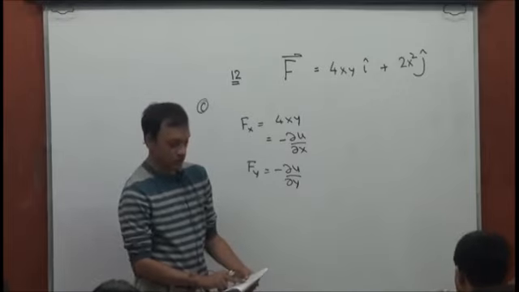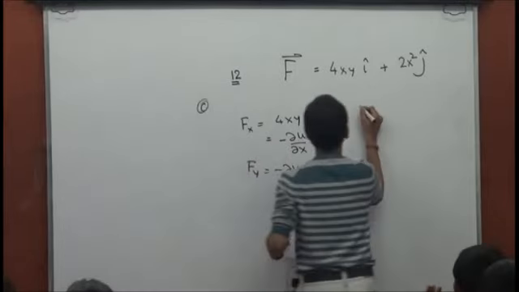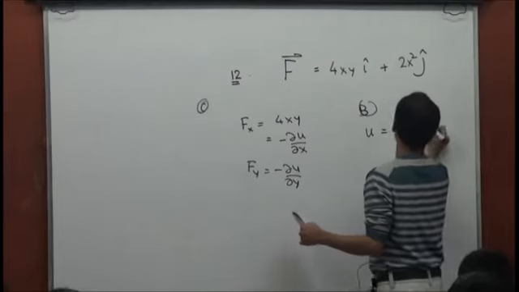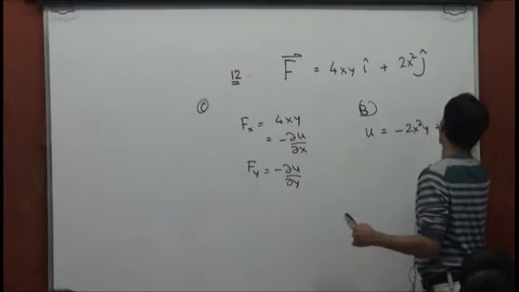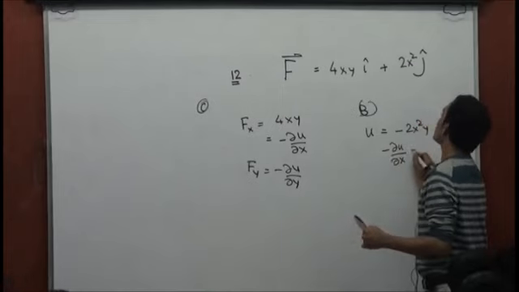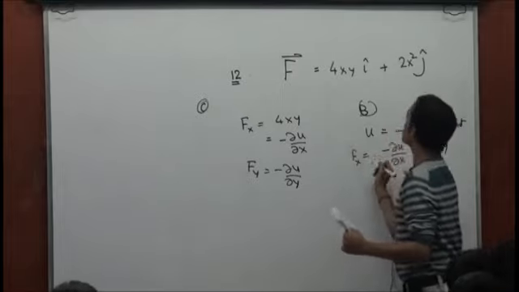Because if you differentiate this with respect to x, keeping y constant, minus dou U dou x, option B is U equal to minus 2x squared y plus a constant. So minus dou U dou x would be 4xy, which is the x component of the force.